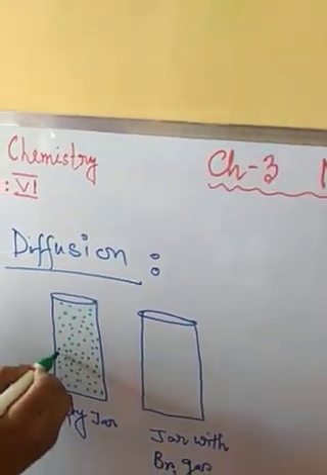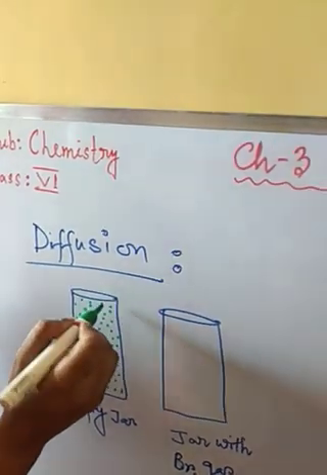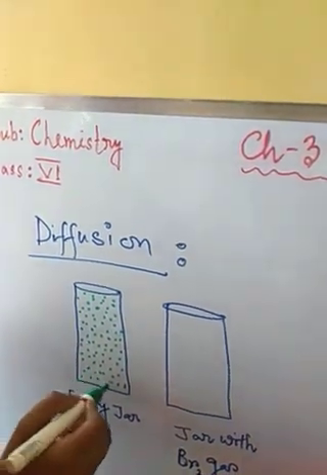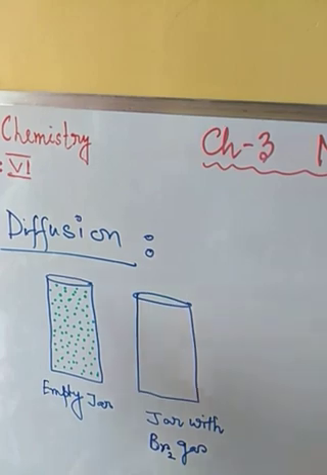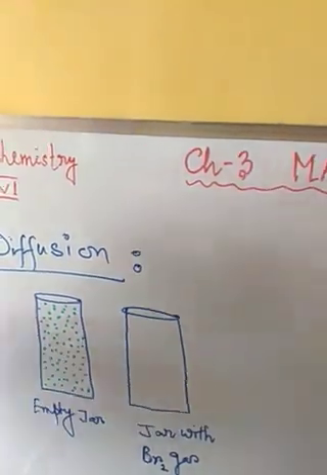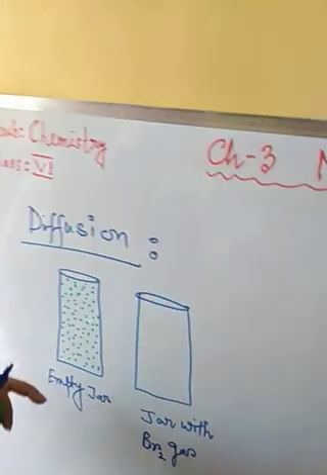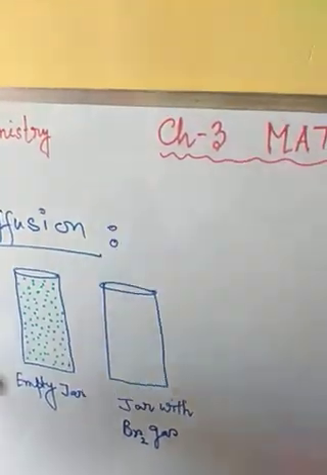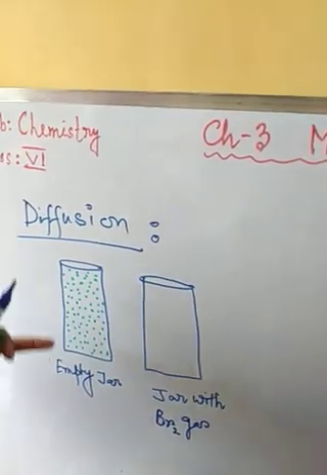But let us assume the particles of air are lying in this manner. So these are the air particles. As it is invisible, we will see the gas jar as empty. Apparently it is empty, but it's not empty actually.